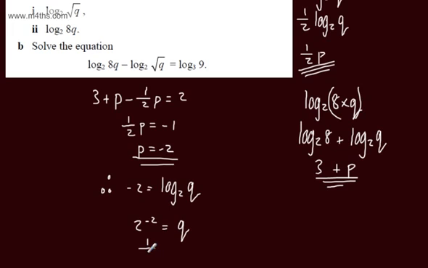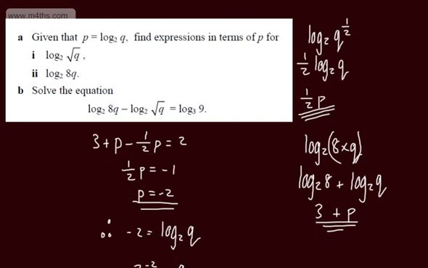So that's going to give us 1 over 4 is equal to q. So we've solved that equation. And of course, you can go ahead and check that that holds true. So if you want to sub in q is equal to 1/4 and check that it satisfies that equation, you should see that it works. So that's another typical exam style question looking at logarithms.